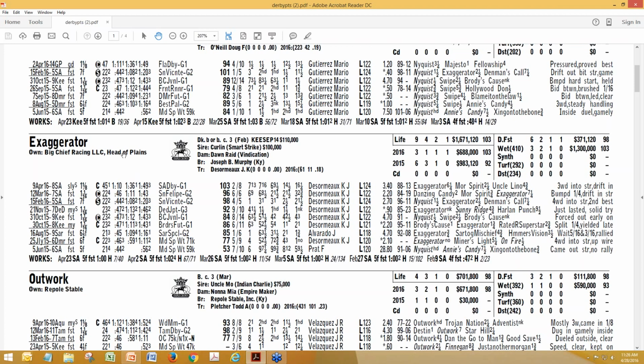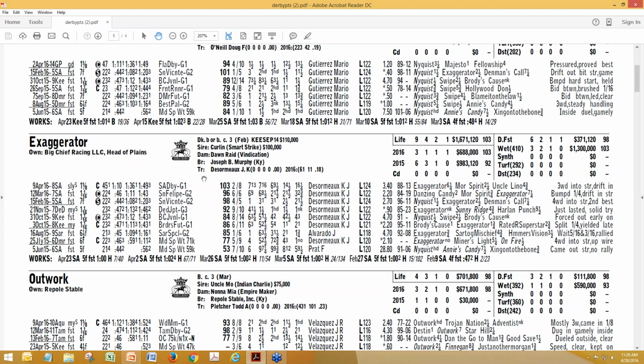Right, and another good point to make is that Andy Beyer, in his book Picking Winners, talks about horses that are able to put in top efforts when they have everything their own way. You could make the case that the 103 Beyer is not a bad Beyer. It's an actual figure and it's a legitimate figure, but it's a figure where Exaggerator earned it by having everything in his favor.